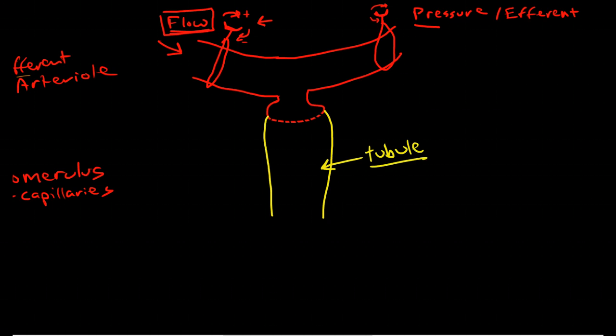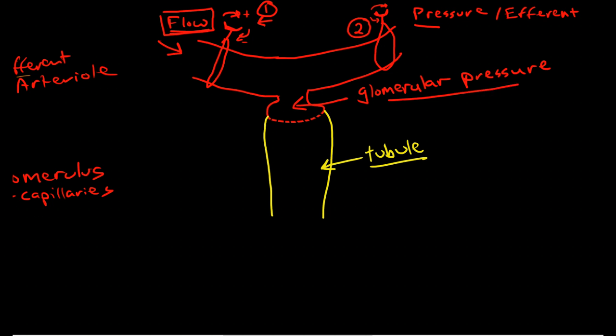Because, unlike anywhere else in the body, we have a valve on the way in and a valve on the way out, we have a lot of control over the pressure of the capillary bed. And this is very important because glomerular pressure is going to have a significant impact on the filtration. So we can affect pressure and we can affect glomerular flow.